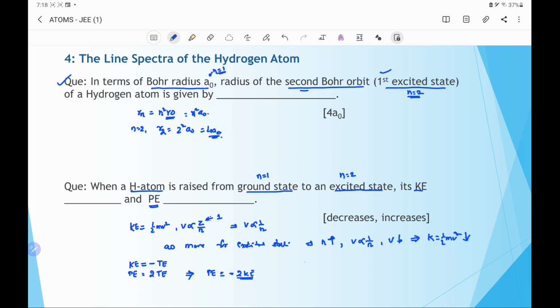As we have stated that kinetic energy is decreasing as we move from the ground state to the excited state, 2 kinetic energy will also decrease, and if we take the negative of it, then it means a higher value. So we can say potential energy increases. Lesser the negative, higher the potential energy. So we can say that kinetic energy decreases and potential energy increases.